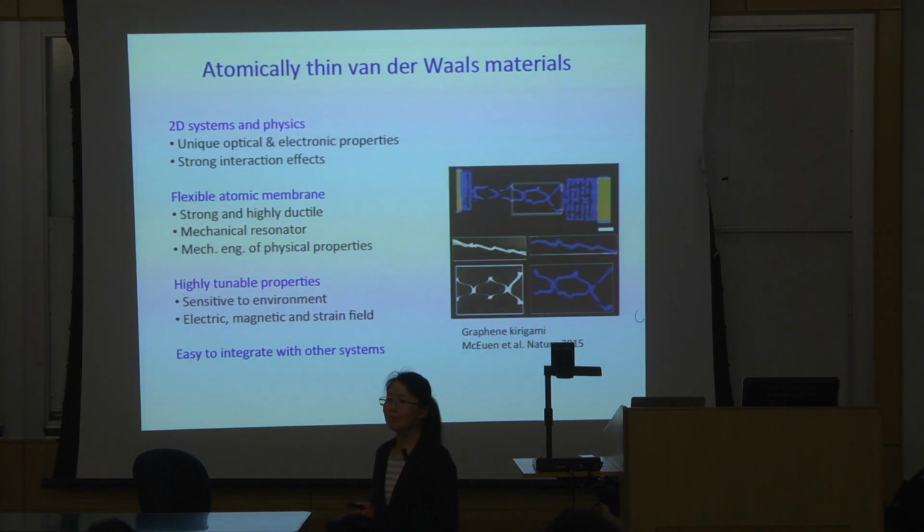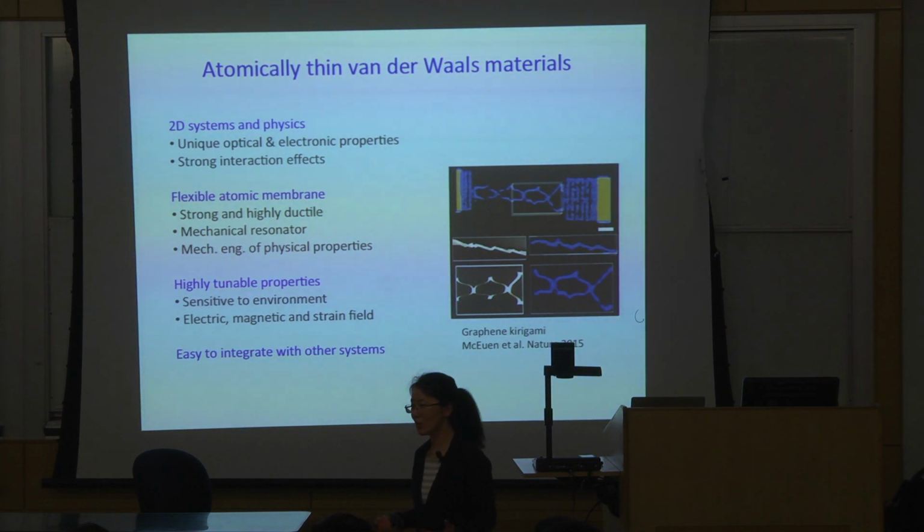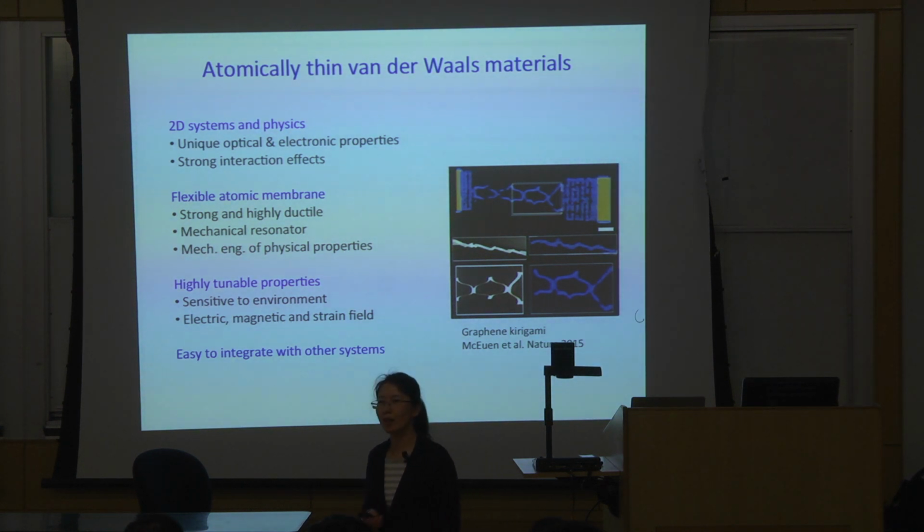So why should we be interested in two-dimensional materials? This question probably has been asked quite a lot. And I have just a very simple table to show that this is something interesting from both a physics point of view and maybe a technological application point of view.